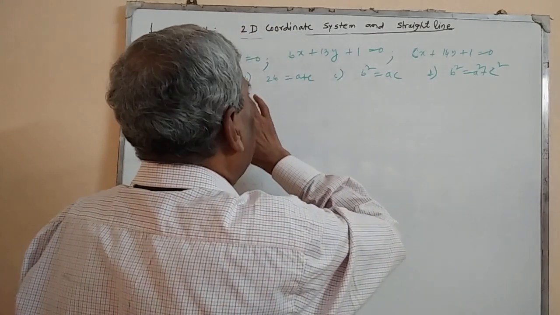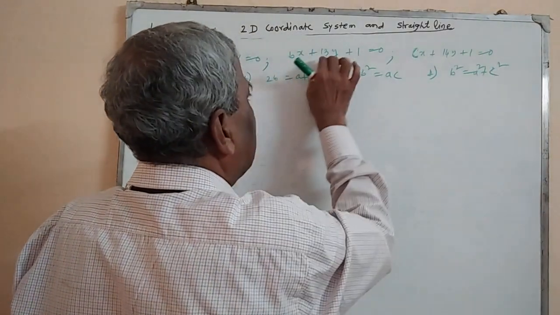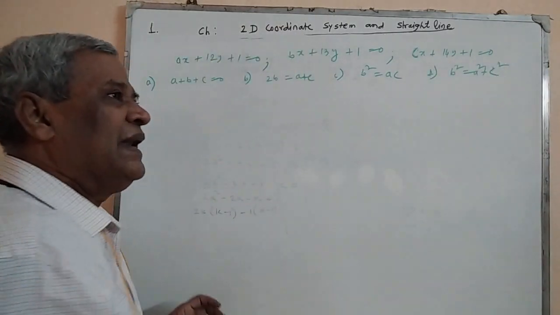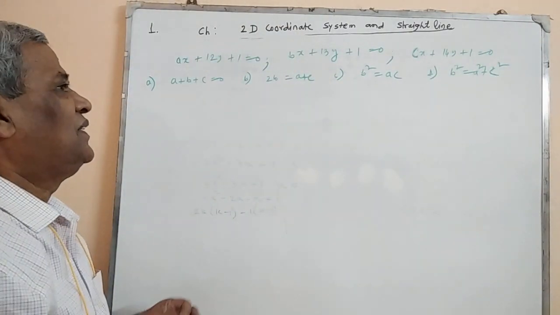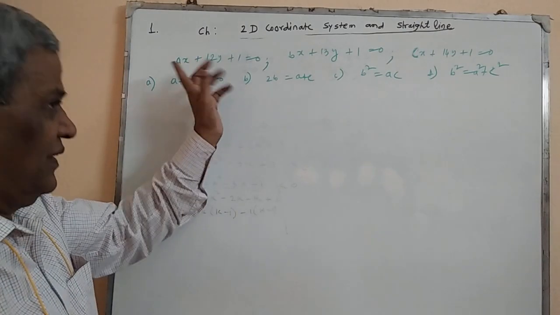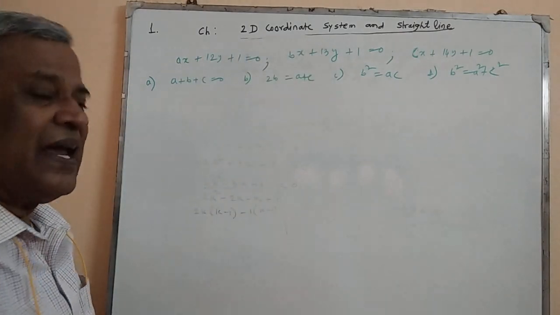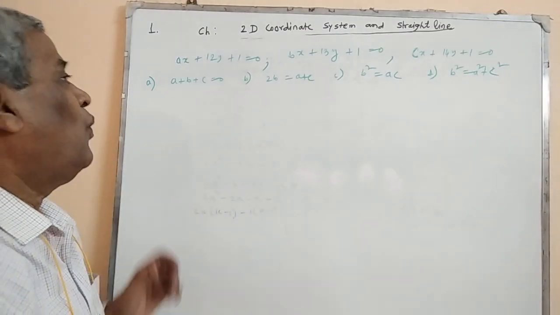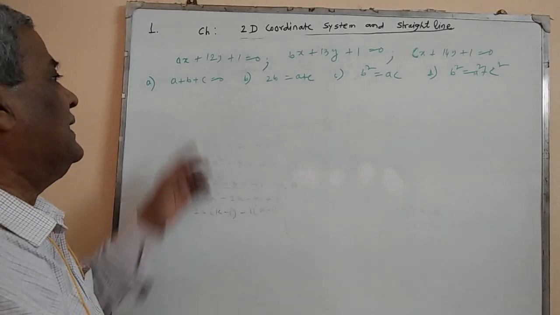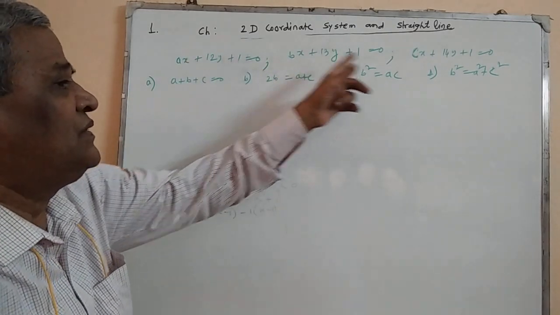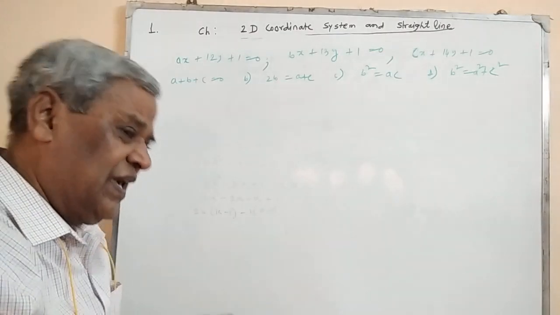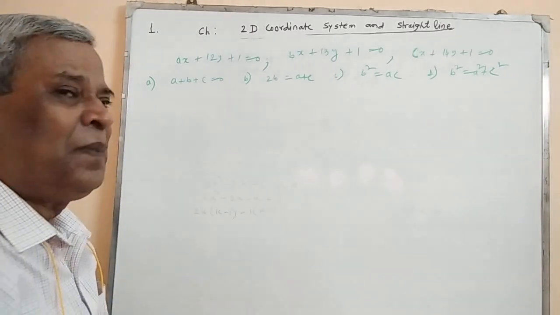So putting the point of intersection of the first two into the third, you can get the desired result. But here the equations contain unknown quantities like A, B, C. The solution is not so simple. It is easy but not so simple.